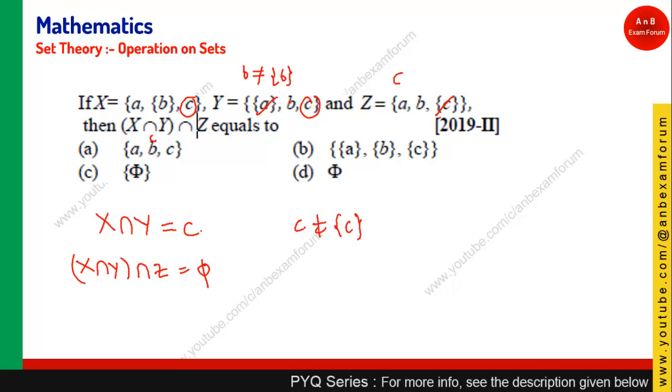This represents a member of a set, whereas this represents a set having the element c. Those two are not equal, therefore the common element between these two will be the null set, denoted by phi. So option D is the correct answer.